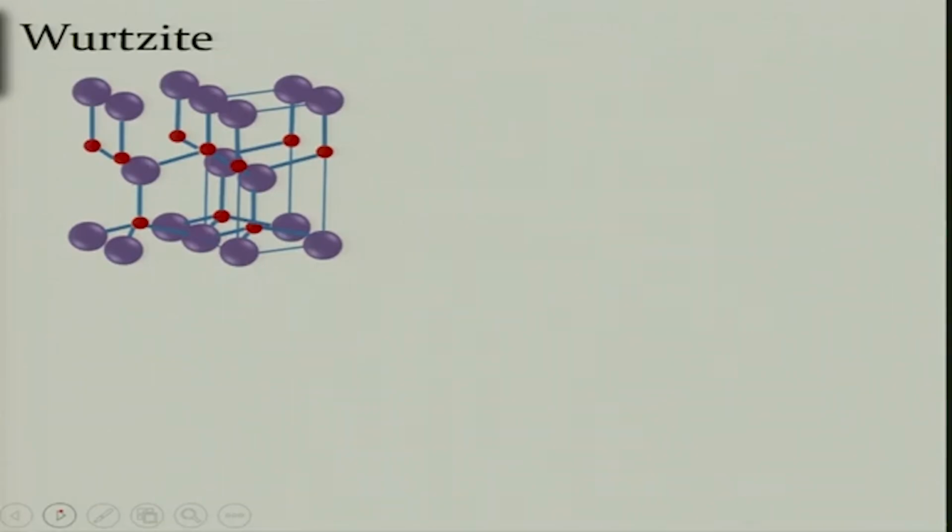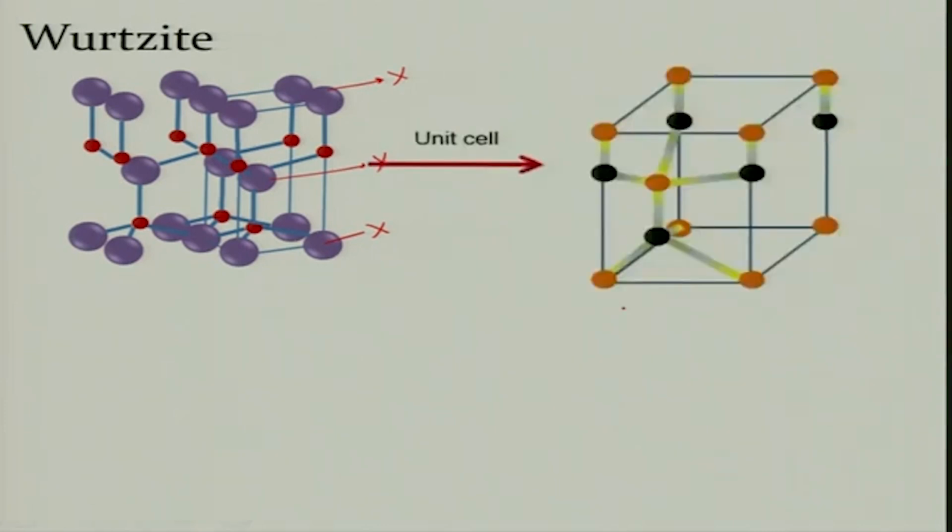You have the first layer of X atoms, there is a second layer of X atoms. So, this is X, this is X, this is X, and the tetrahedral sites in between them are occupied by cations, but only half of the tetrahedral sites can be filled, not all of them, because for each ion you have 2 tetrahedral sites. So, if you make a unit cell in this, it will look something like this.